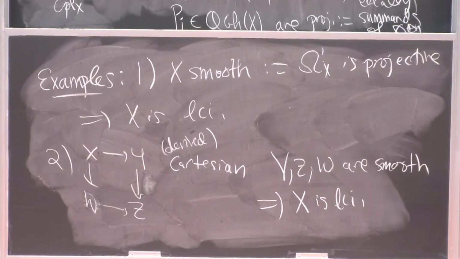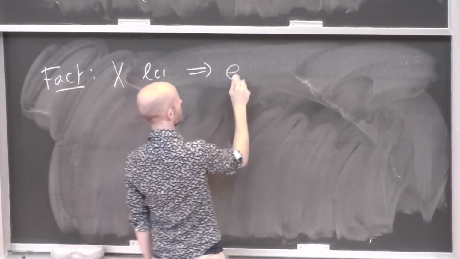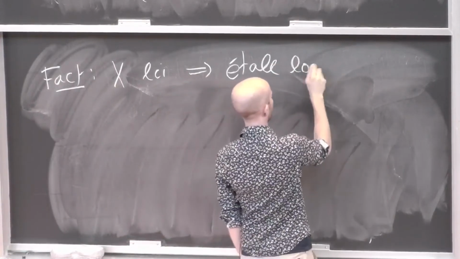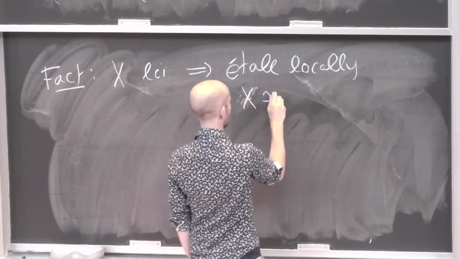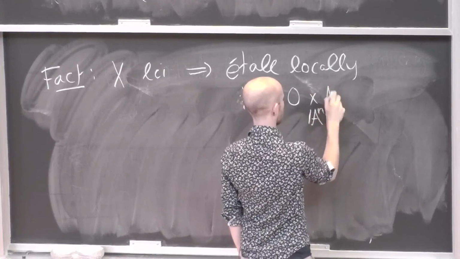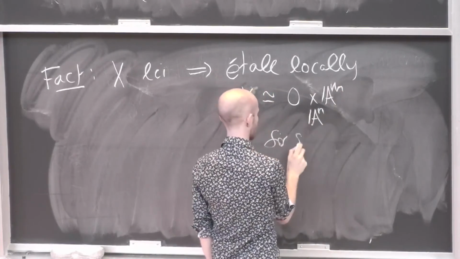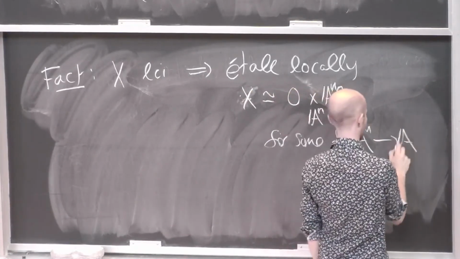And let me just comment. So a kind of useful fact is that if X is LCI, that implies that étale locally on X, X is isomorphic to 0 times AN AM for some F from AN to AM.